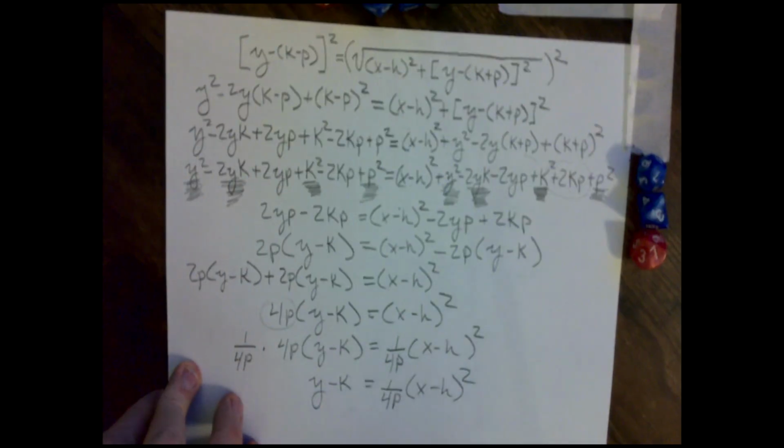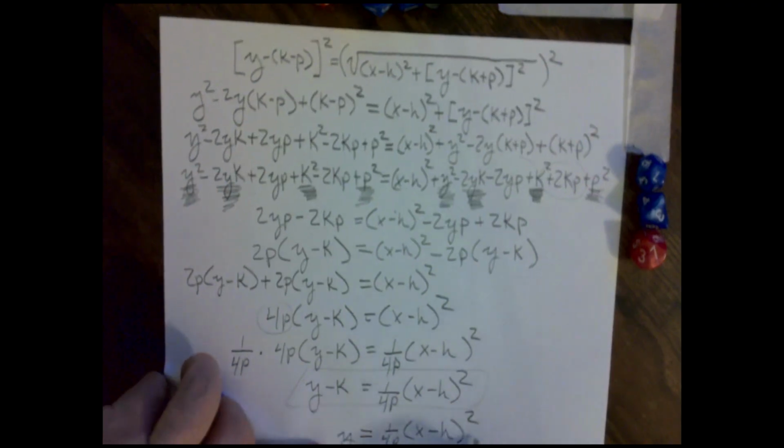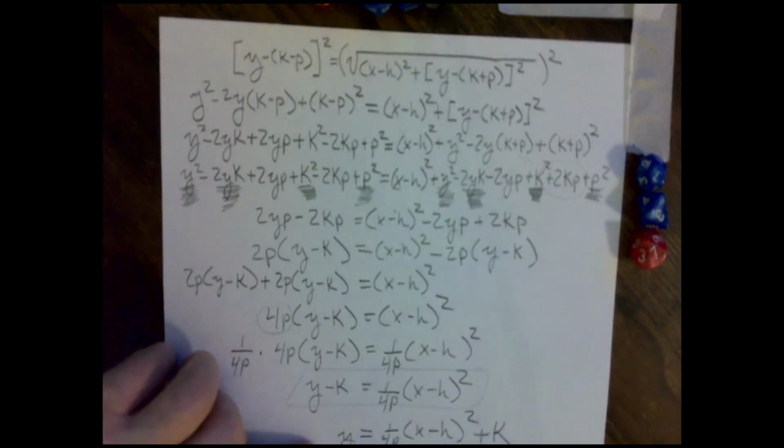So we can move this k over. And you can call this a general form. Function friendly, y as a function of x, then you'll have it all by itself. 1 over 4p, move that k over, plus k.